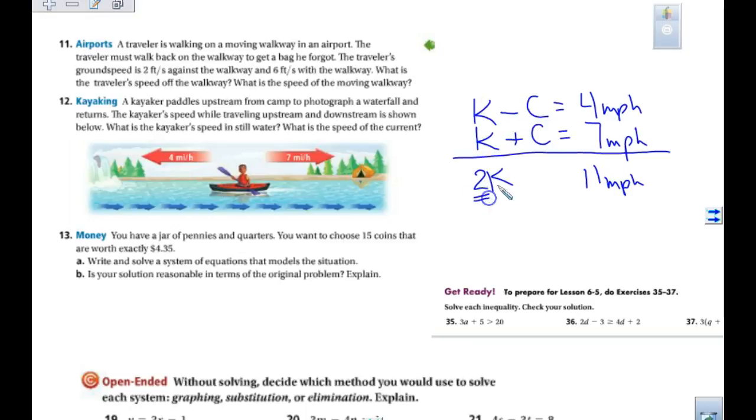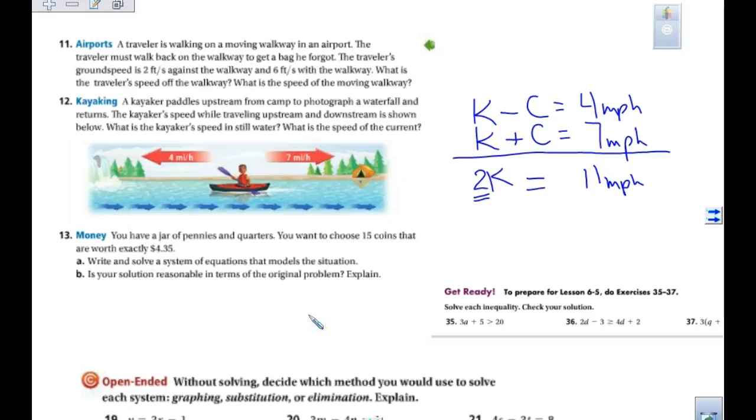Most people just get K equals 11 and then they solve the other one. And then they don't even do the check, which is a little unfortunate at this point. But I get it, for some of you, there's just so much extra work, but that's where you're missing the boat on making sure. So in this case, you're going to divide, and you guys should be able to finish that one, okay?